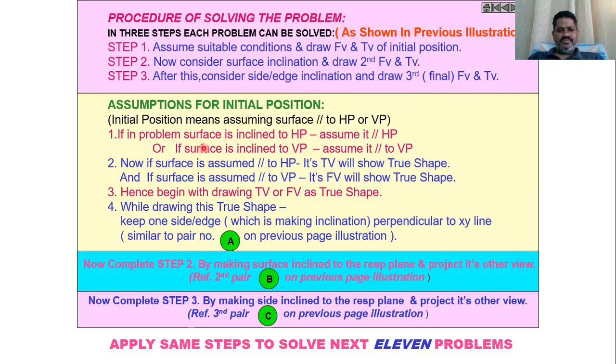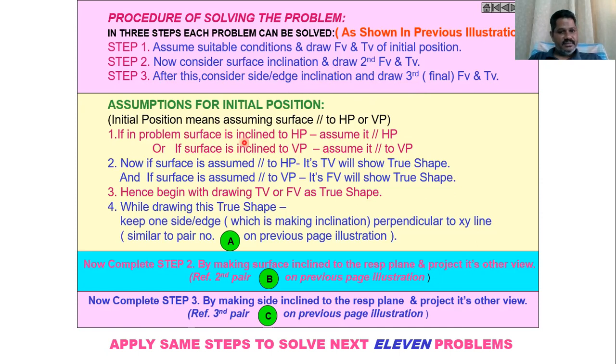So in the problem, if the surface is inclined to HP, that means we have to assume that it is parallel to HP first. In the problems, the defined plane can be inclined to HP or VP.